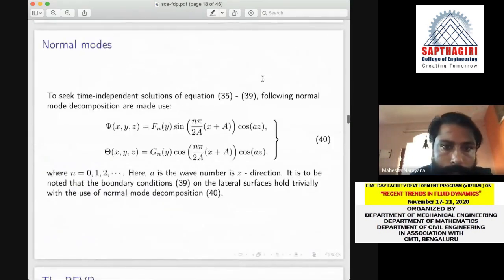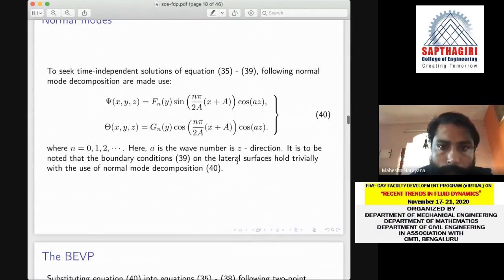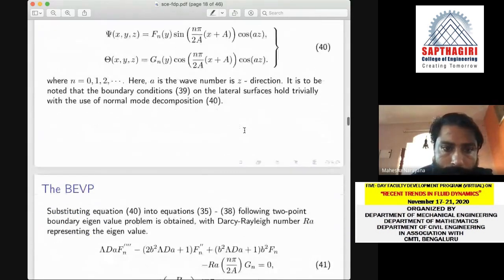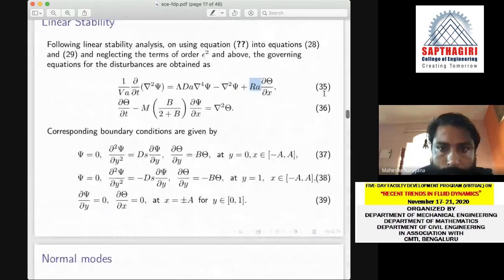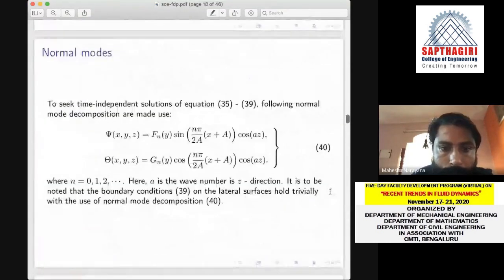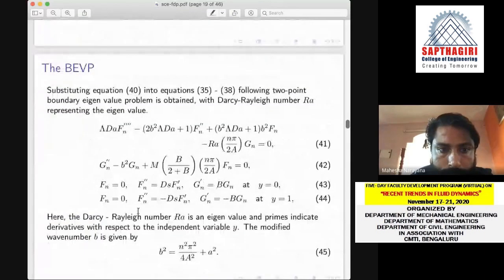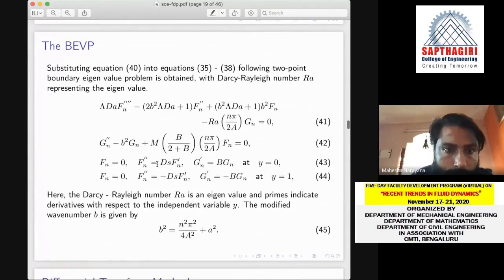And we seek the time independent solutions in the form of normal mode solutions as given in equation 40. And when we substitute equation 40 into equations 35 to 39, one gets equations 41, 42, 43 and 44.